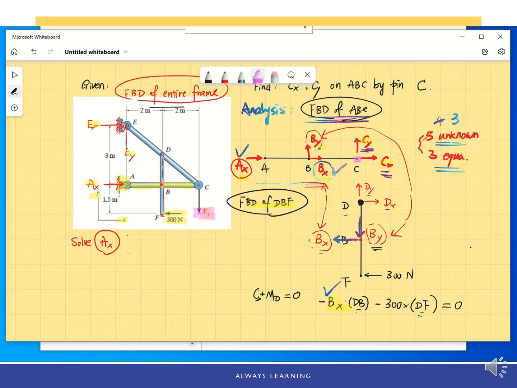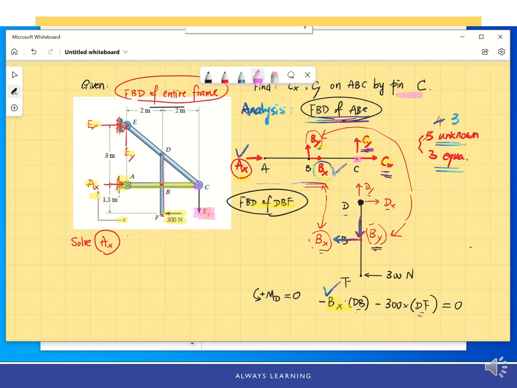Because, again, we are looking for the forces exerted by pin C on member ABC. So to find that, we have to take pin C away from member ABC. We have to separate them to show the forces exerted by pin C on member ABC.